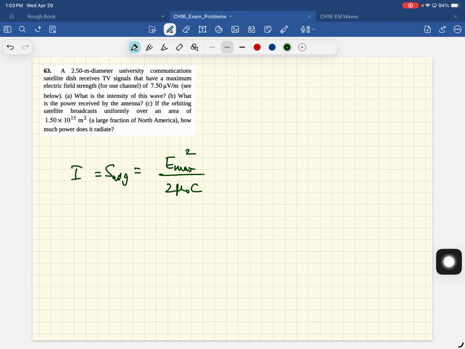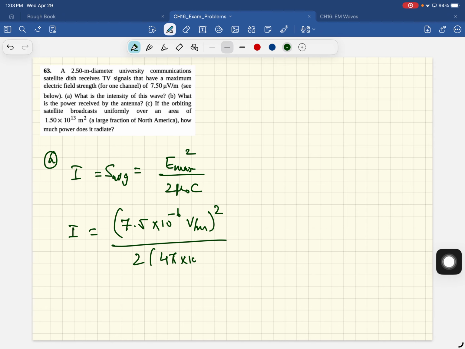So the intensity would be, E max is 7.5 microvolts, and mu naught is 4 pi times 10 to the minus 7 Tesla meter per amp, and C is 3 times 10 to the 8 meters per second.